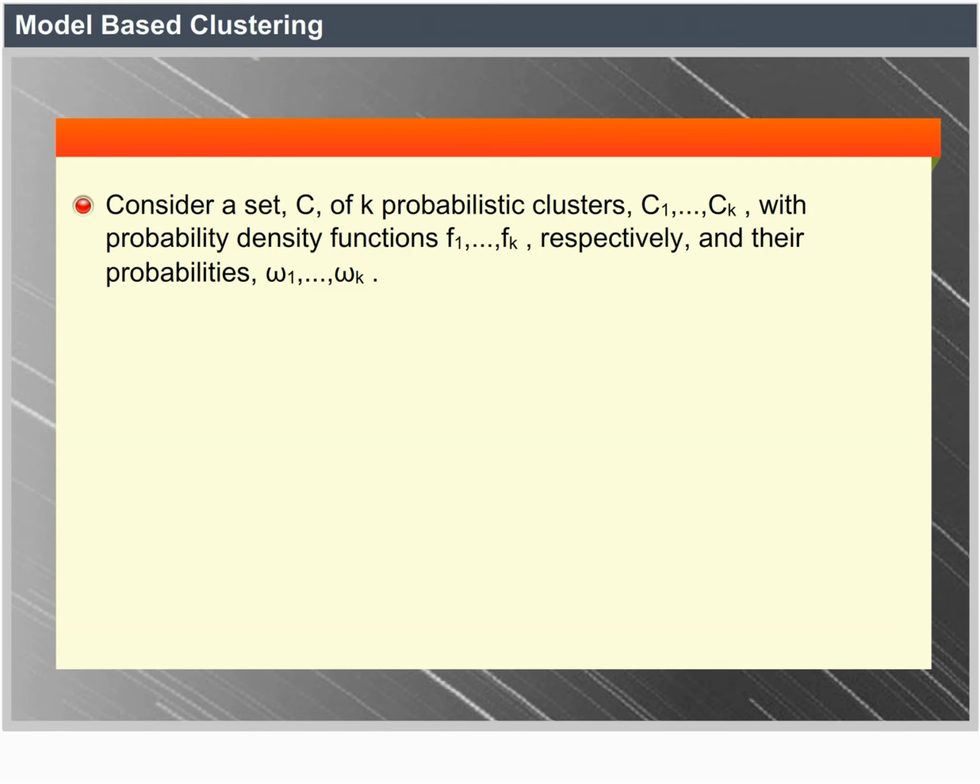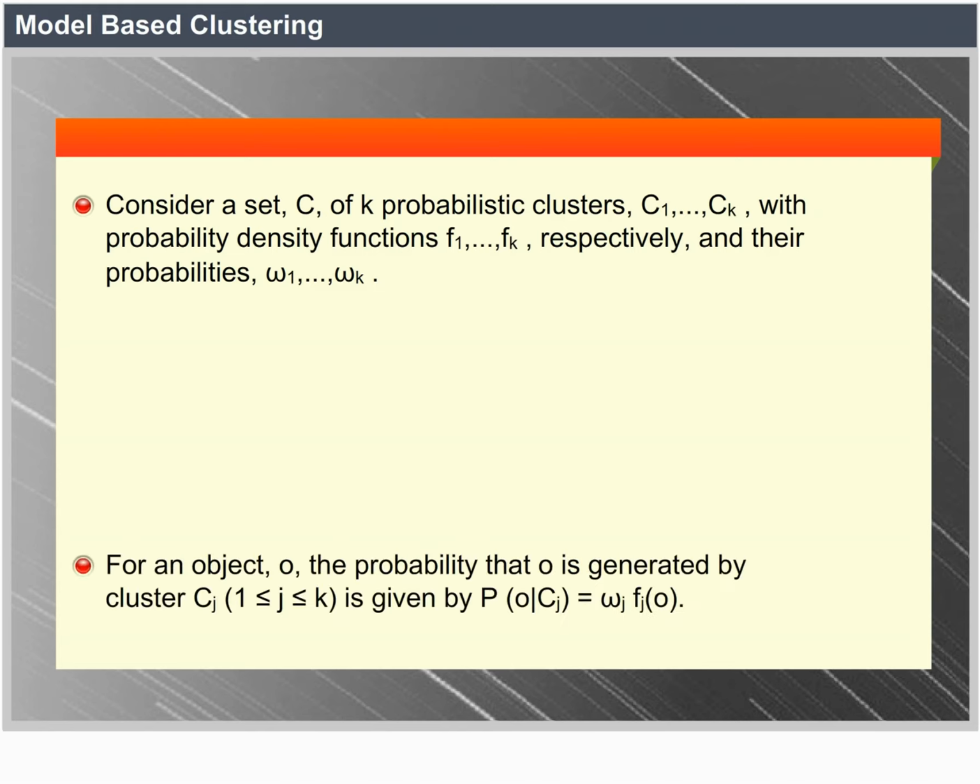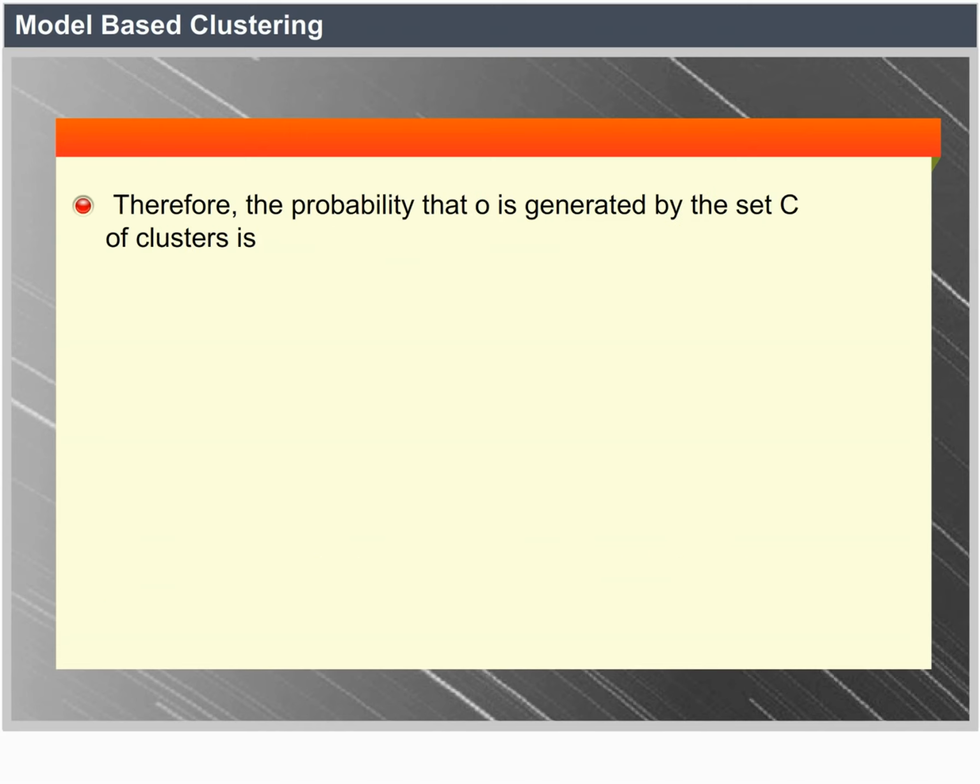For an object O, the probability that O is generated by cluster Cj, with j lying between 1 and k, is given by the conditional probability of O given Cj equals omega j Fj(O). Therefore, the probability that O is generated by the set C of clusters is the conditional probability of O given C equals the summation j=1 to k of omega j Fj(O).